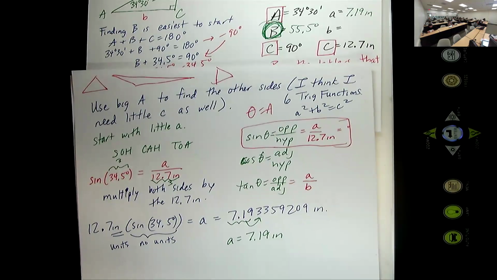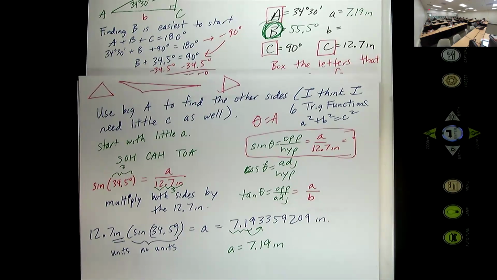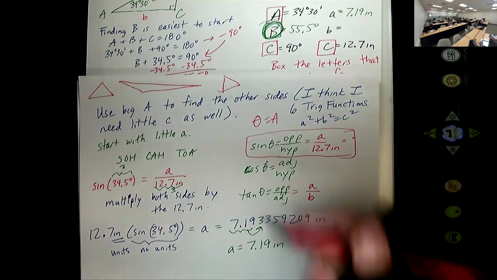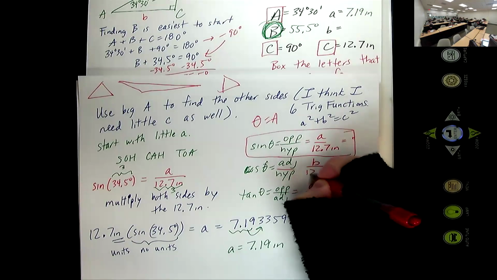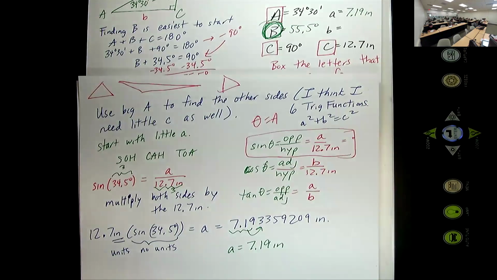I've got one left to find, right? B, little b. So little b, we know it's adjacent. Let me come up here and fill in these other ones. This would be little b over 12.7 inches. Or we have this one.